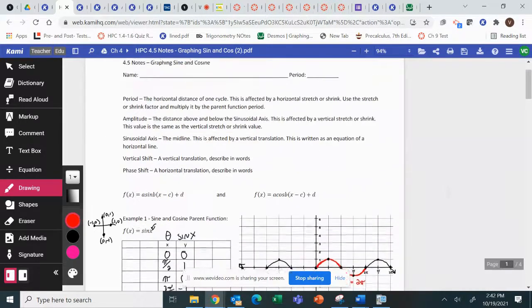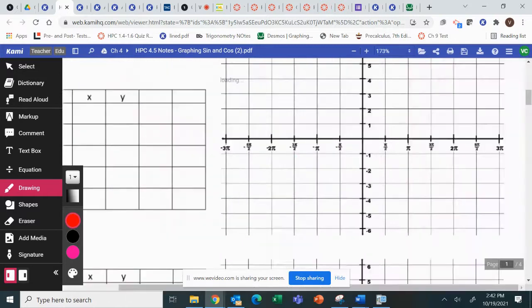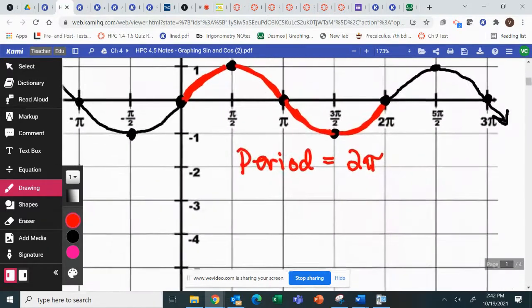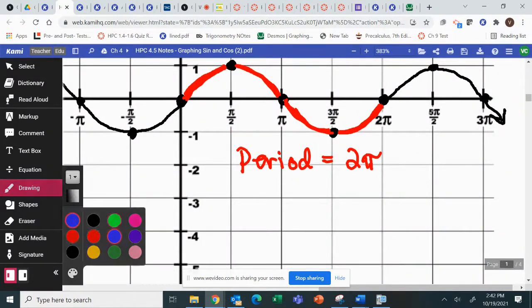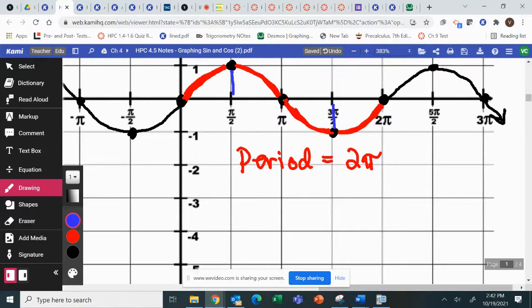Looking at the picture, the amplitude is how far above and how far below this graph goes from its center. You can see where the center is, especially with this one. How many units above and how many units below is its amplitude?